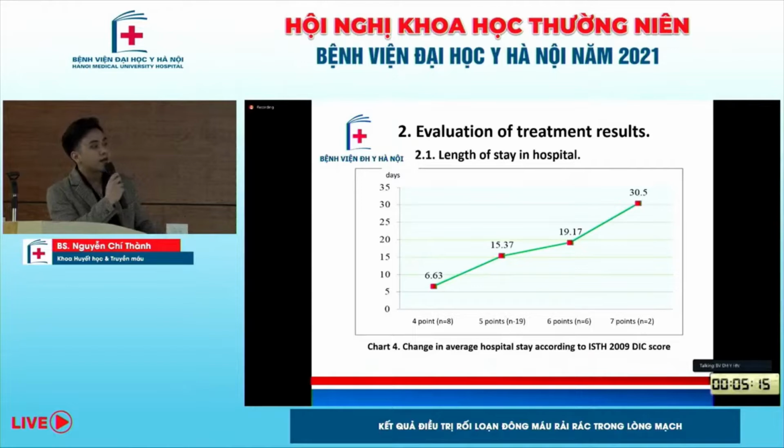We find a significant relation between the DIC score and the length of stay in the hospital. Almost all patients with a DIC score of more than 5 points have a longer length of stay than those with the lowest scores.